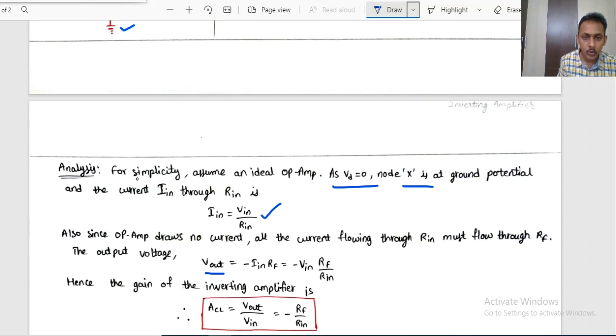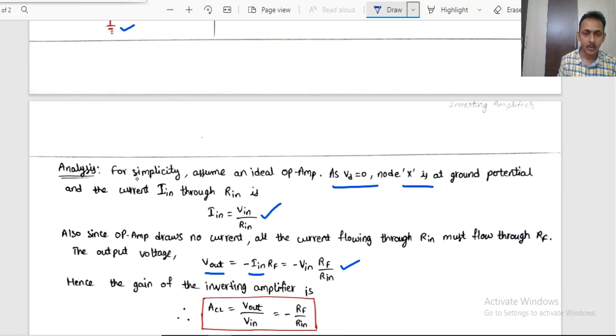Simple: the current flowing through the feedback resistor, which is nothing but the input current. The entire input current is flowing through the feedback resistor Rf. So the output is minus I input into Rf. Already we have found that the input current is V input by Rin. Therefore the output voltage is equal to minus V input into Rf divided by Rin.